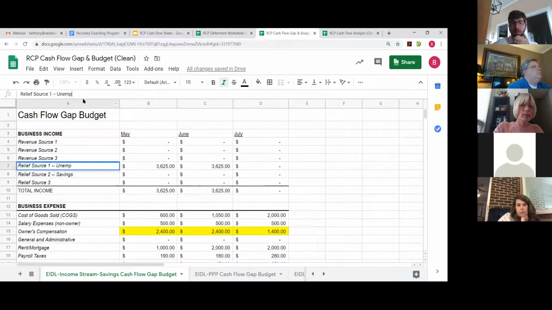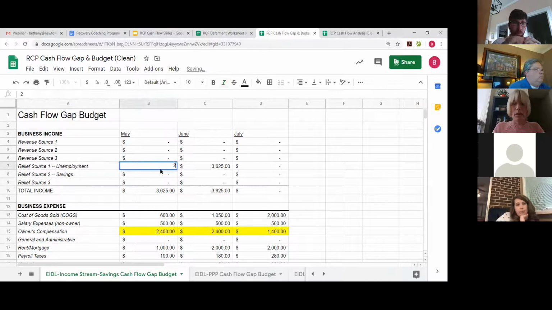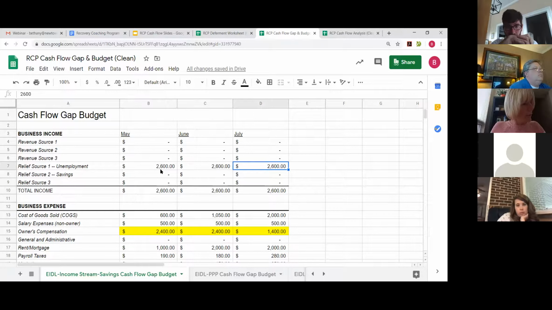So unemployment. And I showed, just roughly, and this is probably a little bit of an underestimate of a true 30-day month, but we'll put it like that. I also included unemployment and the idle, but I split it up.